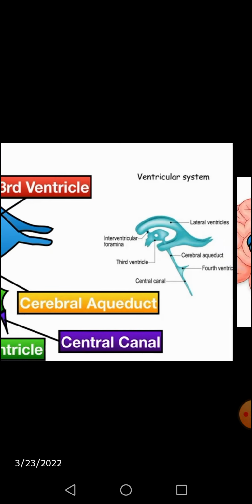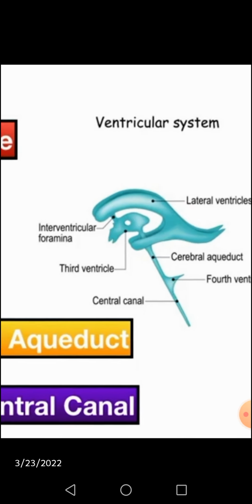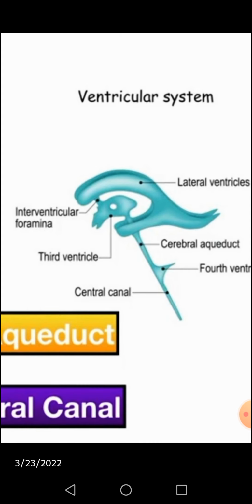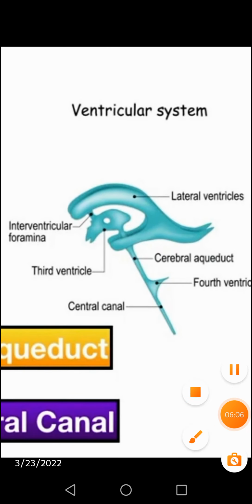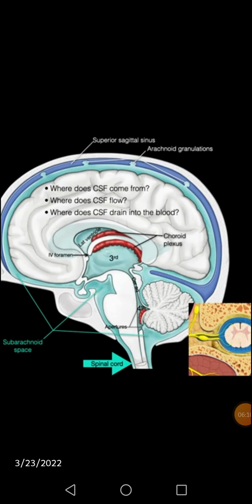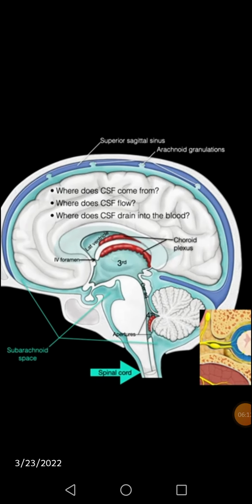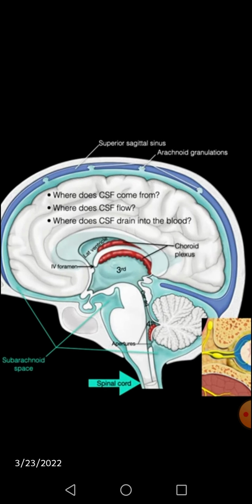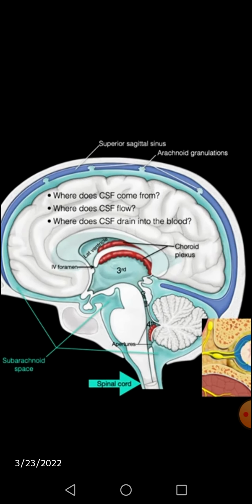And this is another picture to show you this map again, the ventricular system that is meant to produce the CSF. So now we can answer these questions: CSF comes from the choroid plexus of the lateral ventricle, the third ventricle and the fourth ventricle.